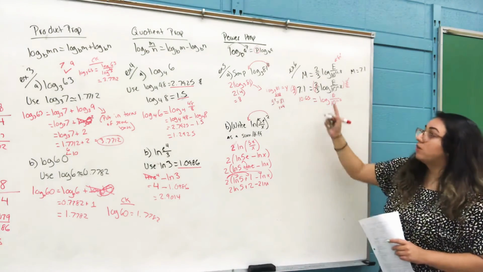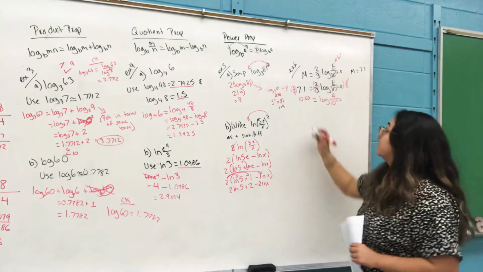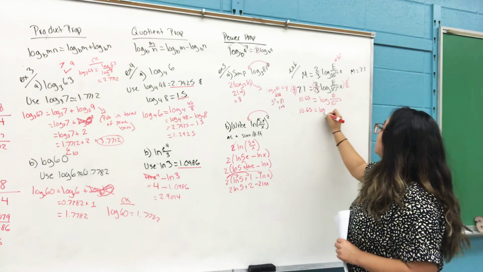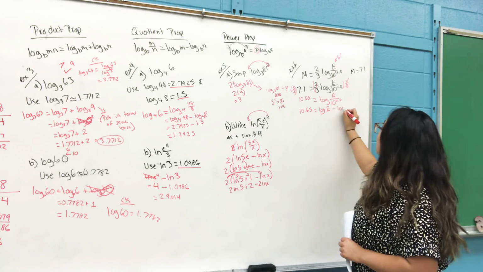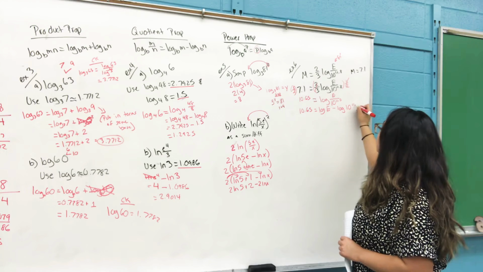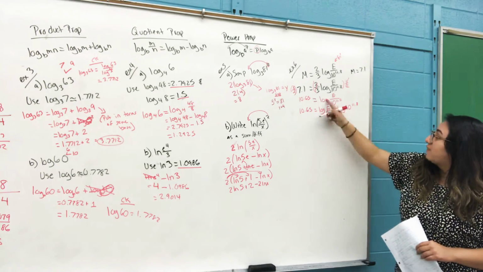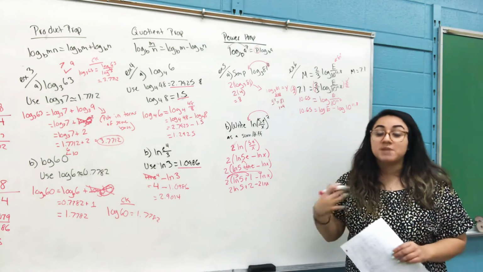Now, I could get the E by itself if I follow one of the properties, and it's a fraction, so that means I can put it in terms of subtraction. 10.65 is equal to log of E, capital E, minus the log of 10 to the 11.8 power. If it doesn't have a base, remember the log is automatically the common log, which is base 10.